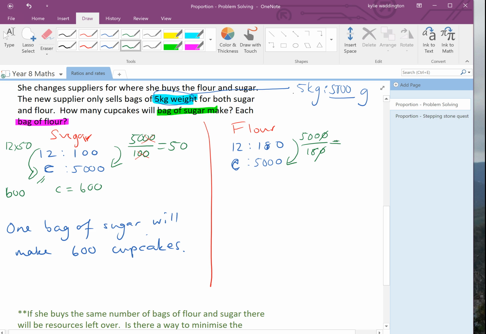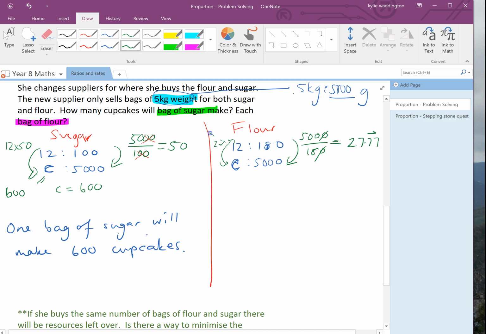So we take our calculator and we divide 5,000 by 180, and it gives us 27.78, or more accurately 27.7 recurring.